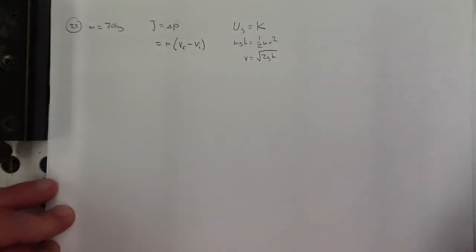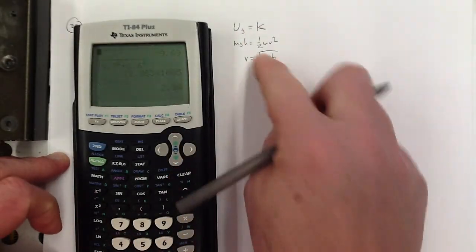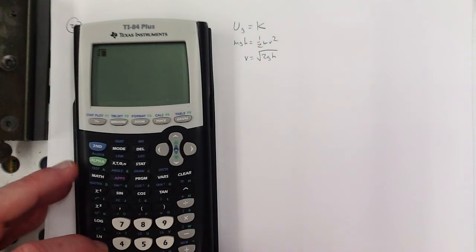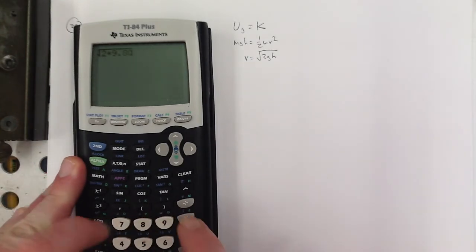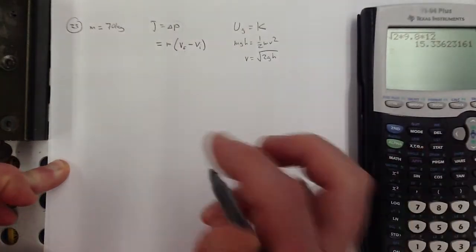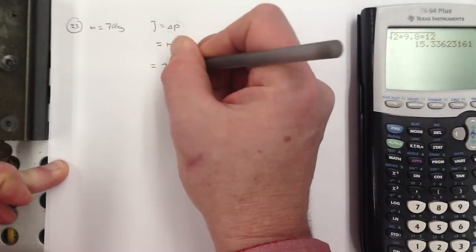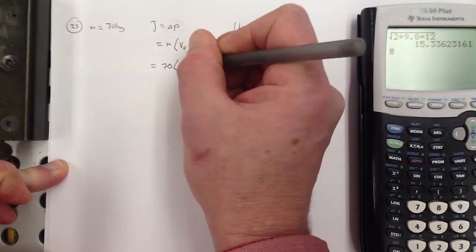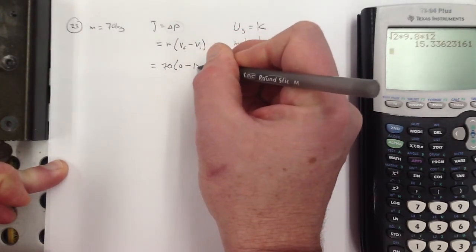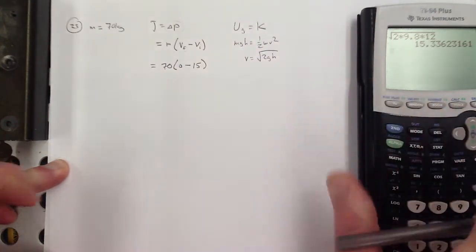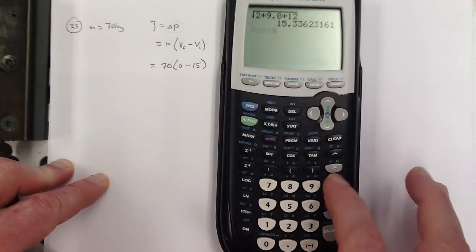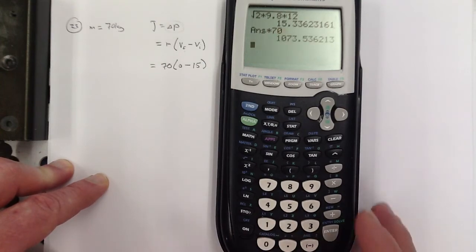You could also do kinematics there, but I think this is easier. Square root of 2gh. So mass times final velocity, which is 0, minus about 15. So that's 15 times 70.